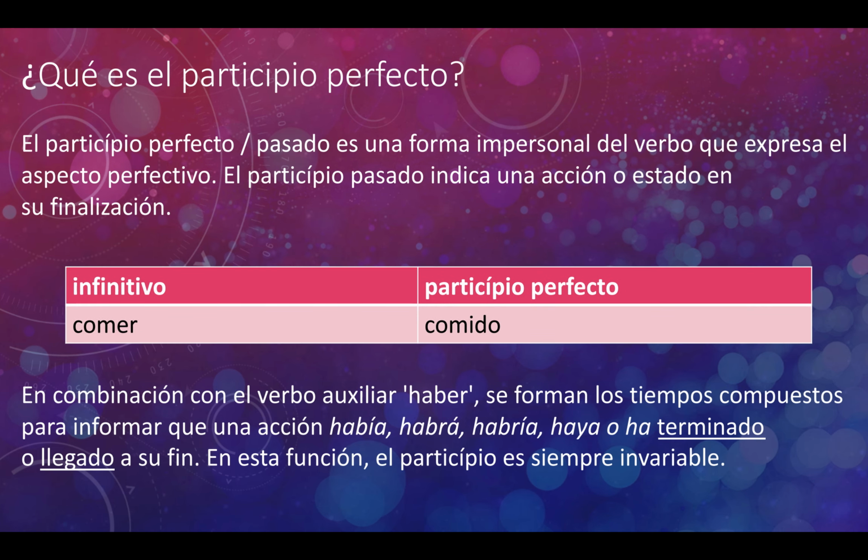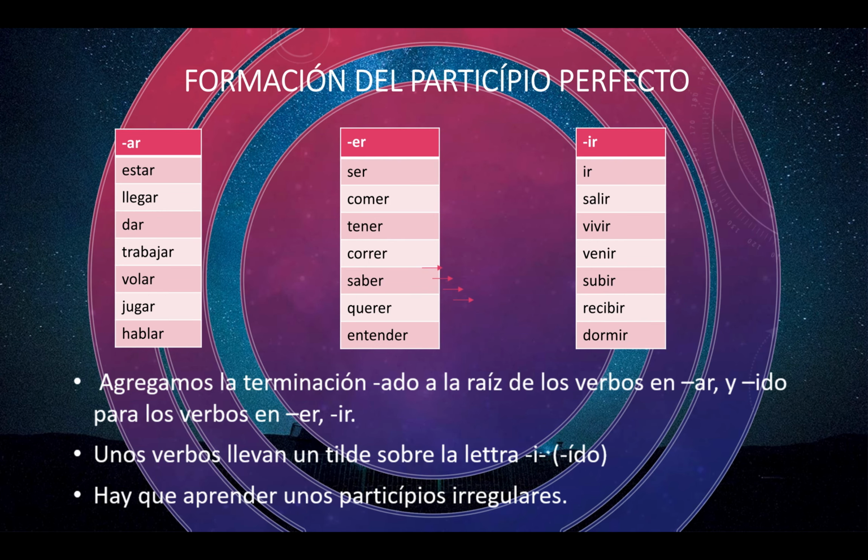And this infinitive comer, to eat, has the perfect participle comido. So now we'll learn how to form that. There are AR verbs, ER verbs, and IR verbs in Spanish. These are the infinitive endings of a verb. So when we conjugate verbs, we drop those infinitive endings off and we add personal endings. Well, here we've got just one ending to add for all of the AR verbs, and that is ado.